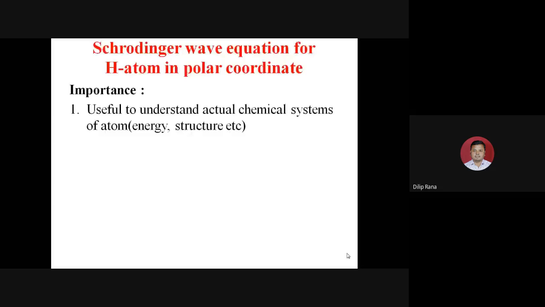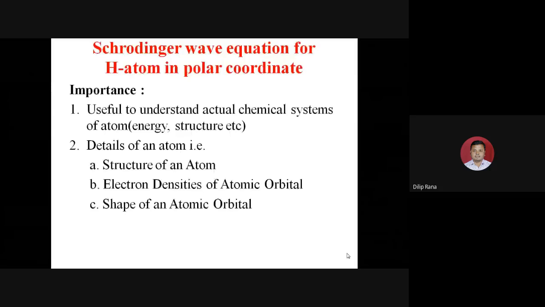In the previous session, we discussed how to convert the Cartesian coordinate to polar coordinate, and we determined the Schrodinger wave equation for a simple system like hydrogen. Cartesian coordinate is very important to be converted into its polar coordinate, because the Cartesian coordinate is the XYZ axis, and when we convert it into polar coordinate, it is converted into its radial functions with angular functions.